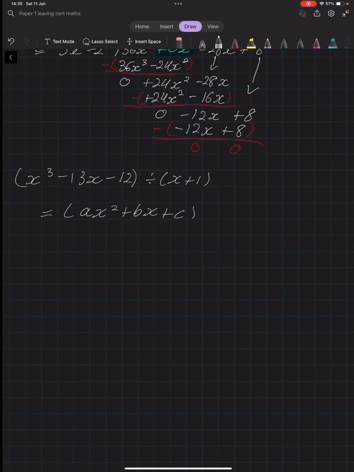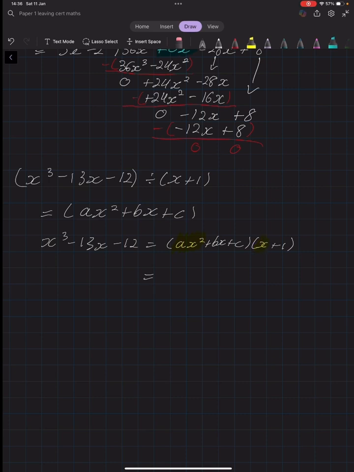So if you know this is going to be the case, then that means that x cubed minus 13x minus 12 must be equal to ax squared plus bx plus c multiplied by x plus 1. Now, on the right hand side, the only cubic terms that can arise are when you multiply ax squared by x.